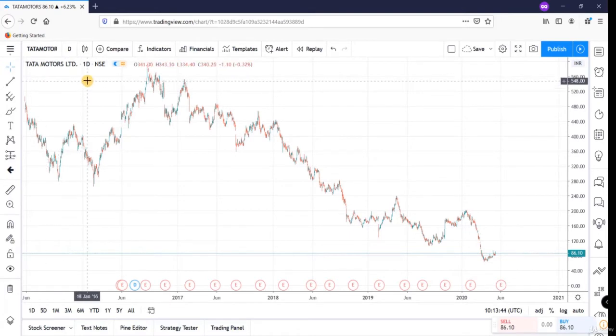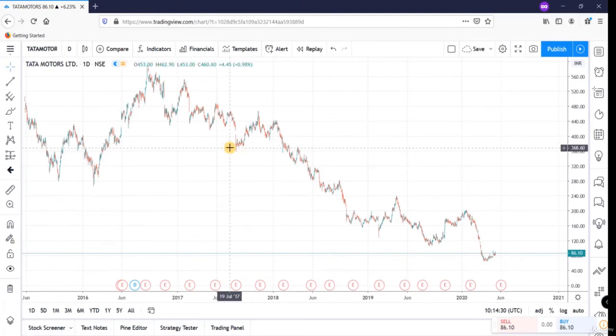Now find out the current trend for positional trading perspective for daily chart. Yes, the current trend is downtrend, as there are lower lows and lower highs. Prices are going in downward direction. So the current trend for positional trading perspective for this stock is downtrend.